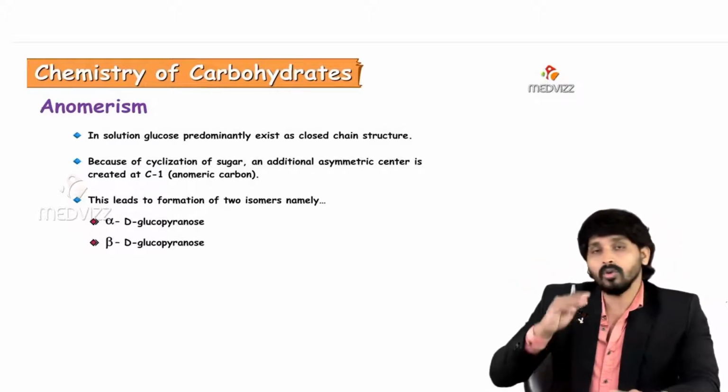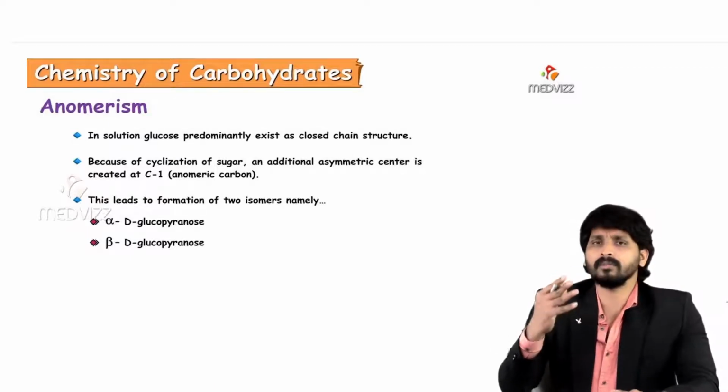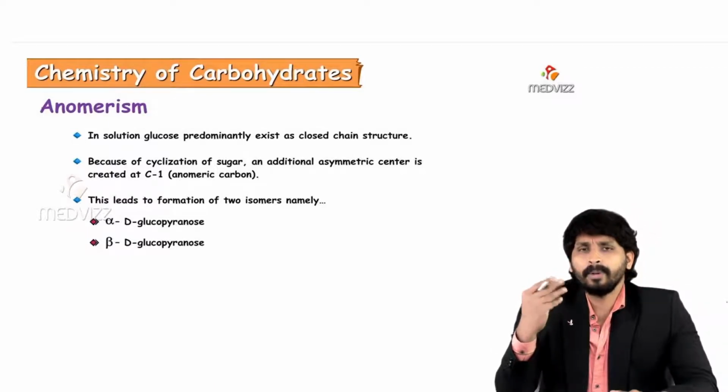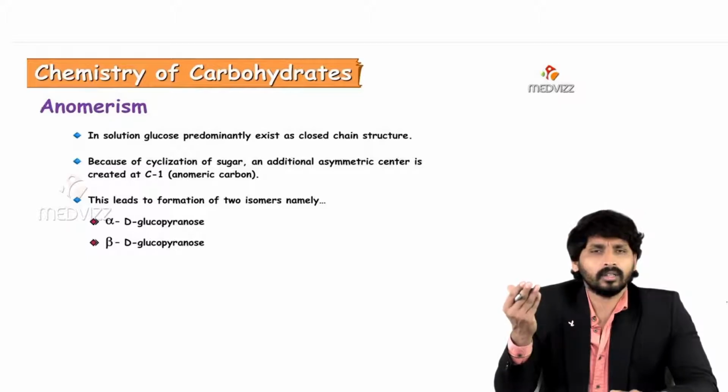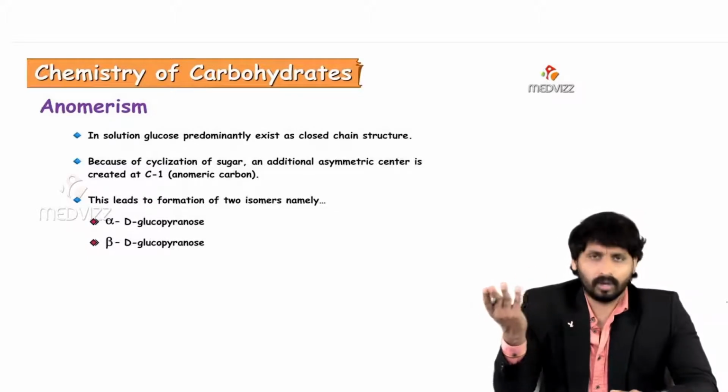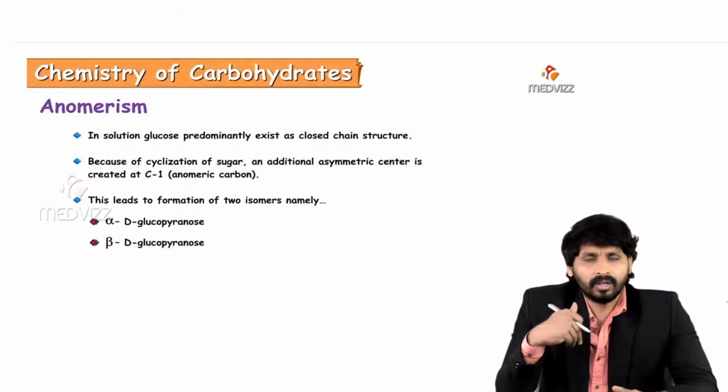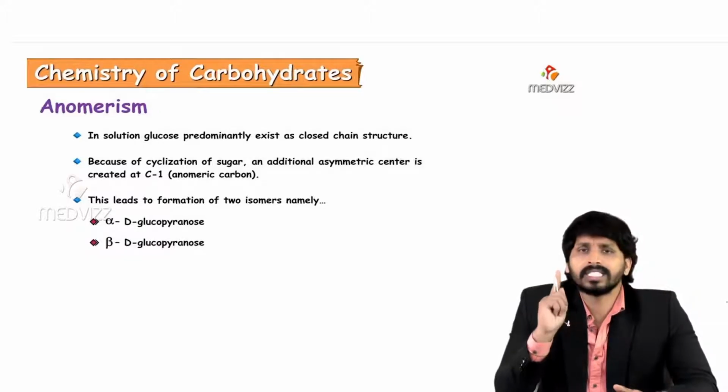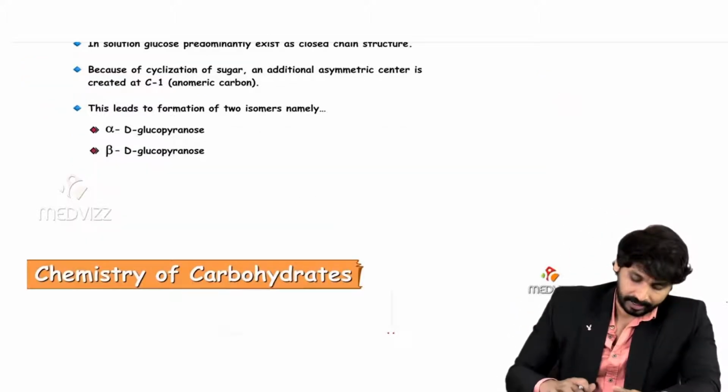So in simple terms you can say epimers differ in the structure other than C1. Anomers differ in the structure with respect to C1.